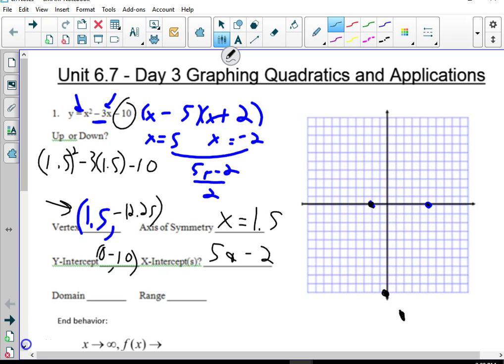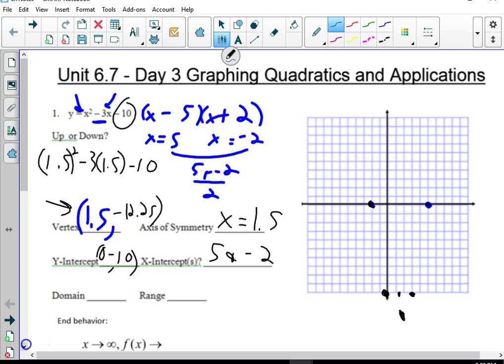Now the only tricky one is the mirror image of the y-intercept. How many spots away is this from the axis? 1.5, right? So 1.5 from here is what? 3, because 1.5 doubled is 3.